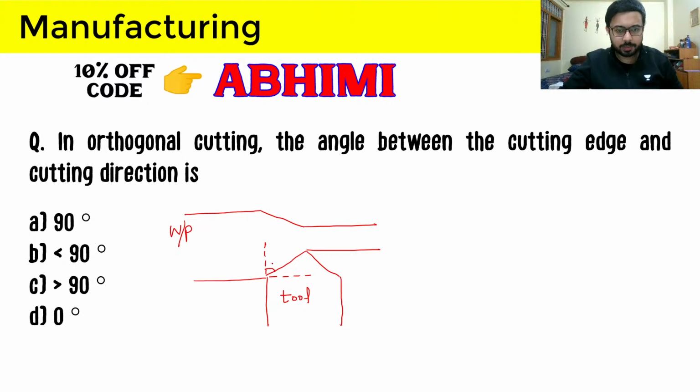This angle right here is the side cutting edge angle, and this is the approach angle or principal cutting edge angle. Your tool is doing turning here, and the feed will be in this direction.